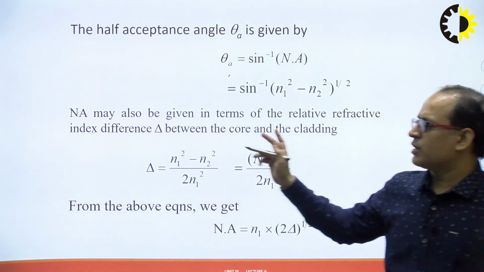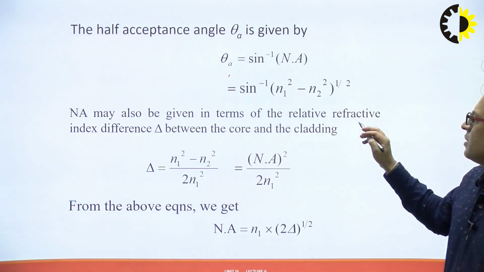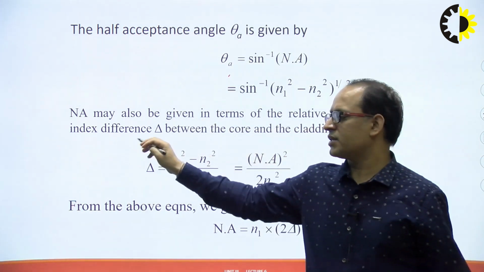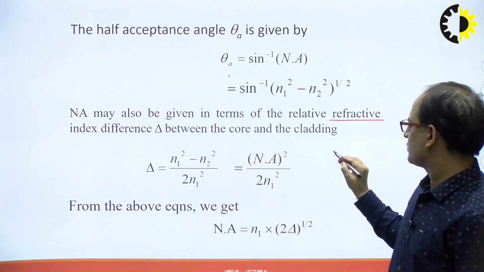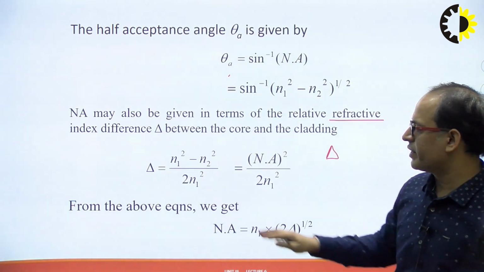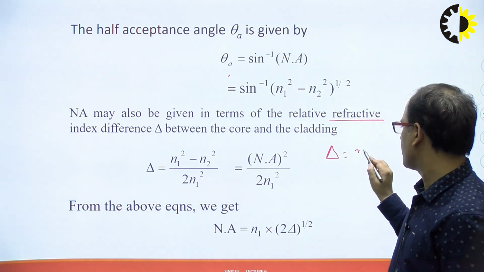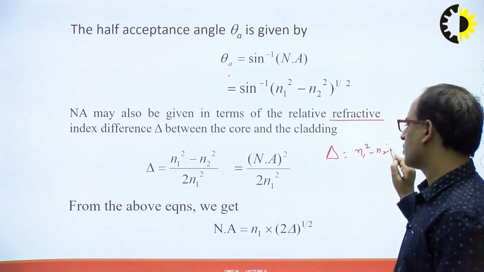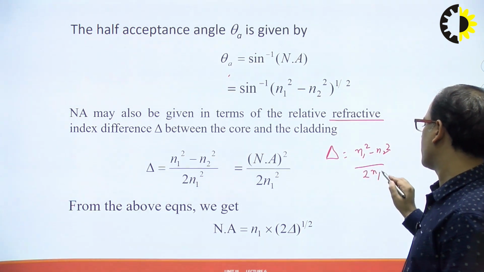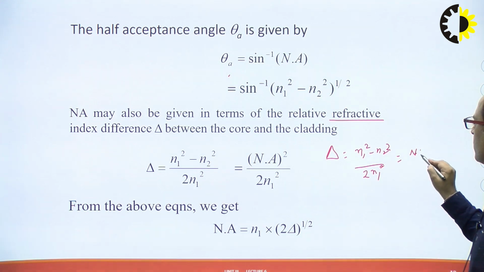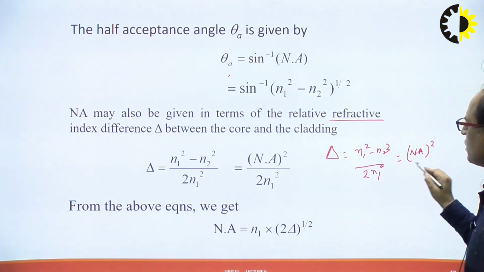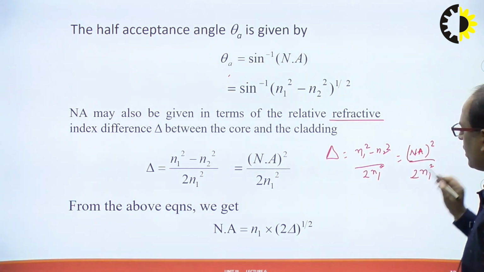And this numerical aperture can also be written in terms of the relative refractive index delta between the core and cladding. This delta is equal to (n1 square minus n2 square) upon 2 n1 square, which is equal to numerical aperture whole square upon 2 into n1 square.